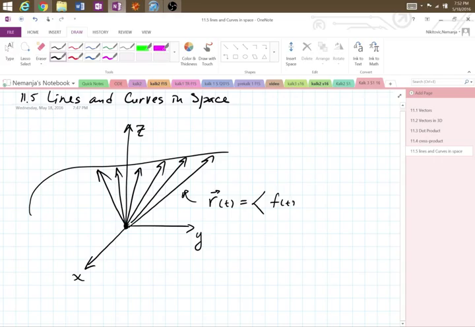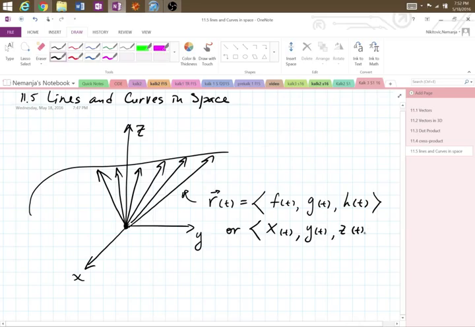So f of t, g of t, and h of t. Oh, perfect. The book is using x of t, y of t, z of t. All right. Or, to make the book happy, x of t, y of t, and z of t. Perfect. You can use whatever letters you want.